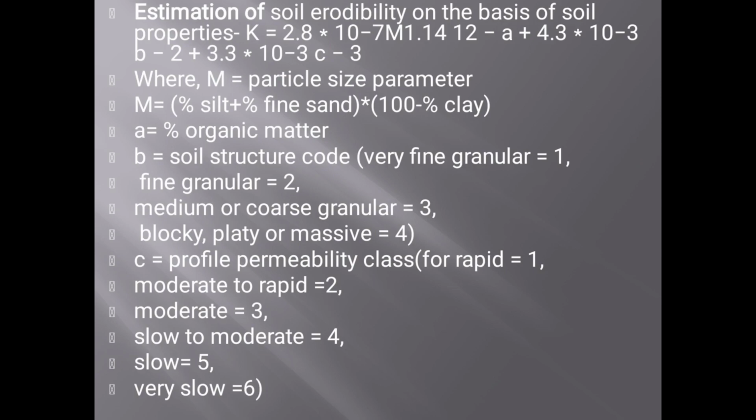A denotes organic matter, and B is the soil structure code: 1 is very fine granular, 2 is fine granular, 3 is medium or coarse granular, and 4 is blocky, platy or massive. C denotes profile permeability classes: rapid is 1, moderate to rapid 2, moderate 3, slow to moderate 4, slow 5, and very slow 6.